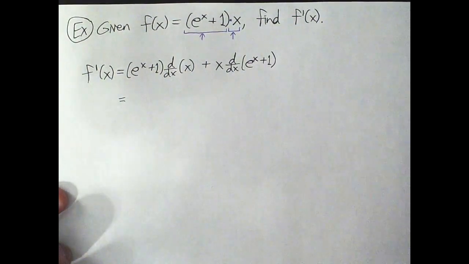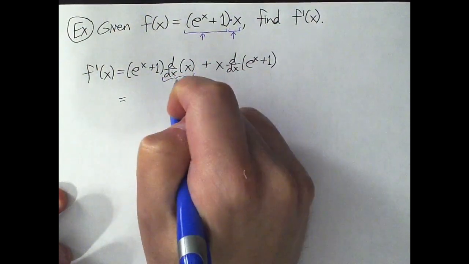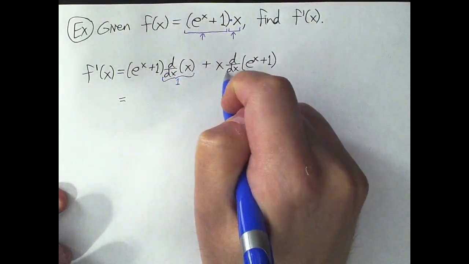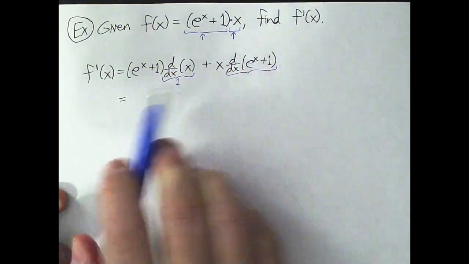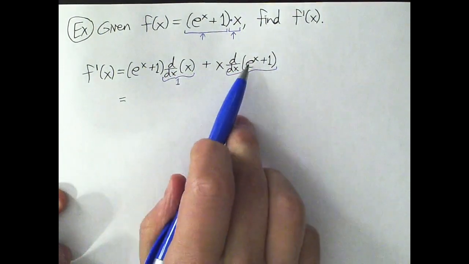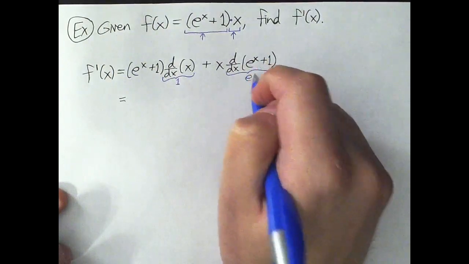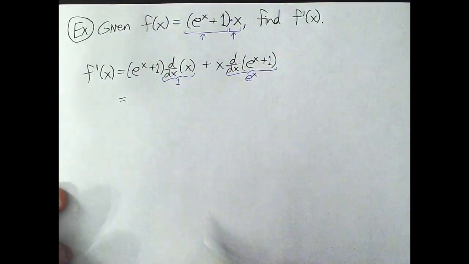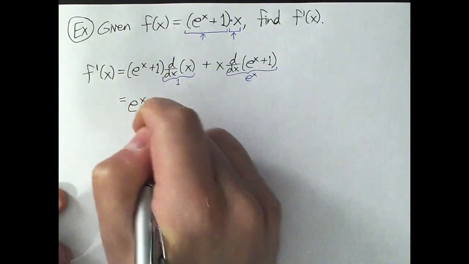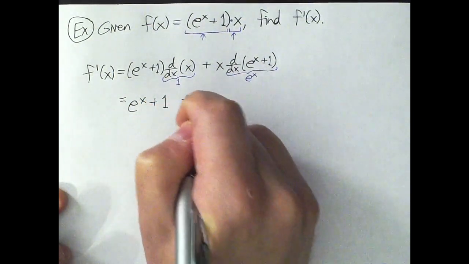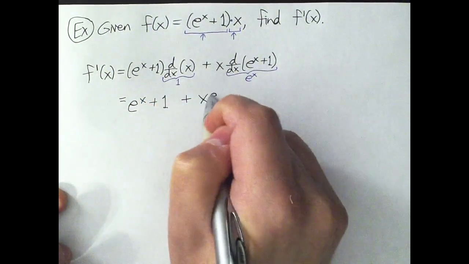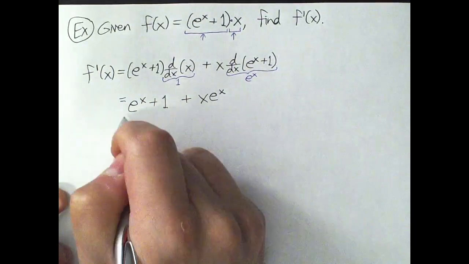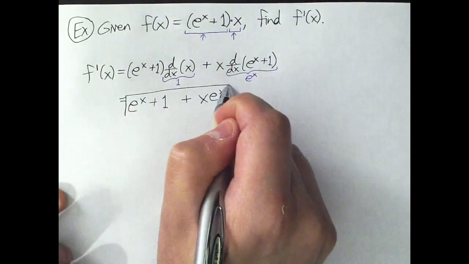Let's just do these little derivatives right here. This thing here is 1. So, derivative of x is 1. Derivative of e to the x plus 1 is e to the x. So altogether, we get e to the x plus 1 plus x e to the x. And that's my answer.